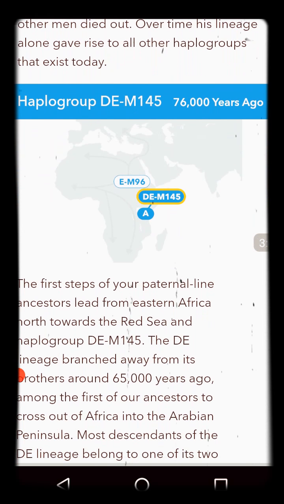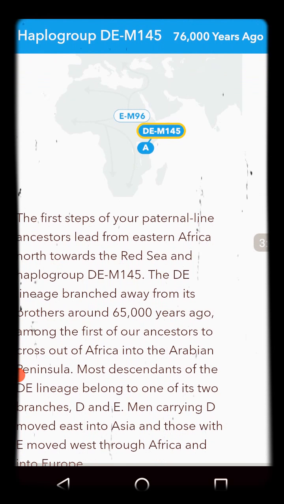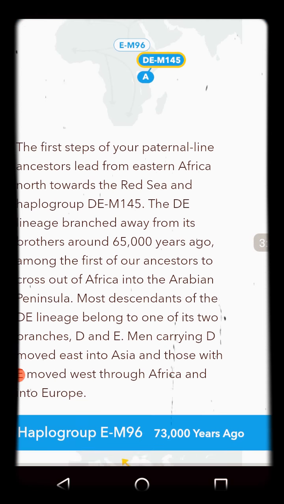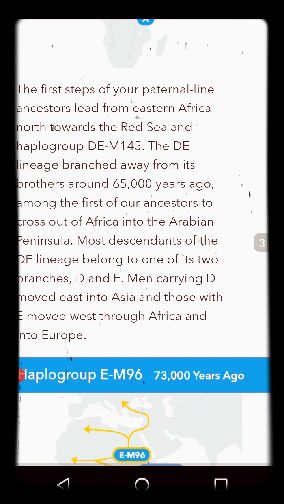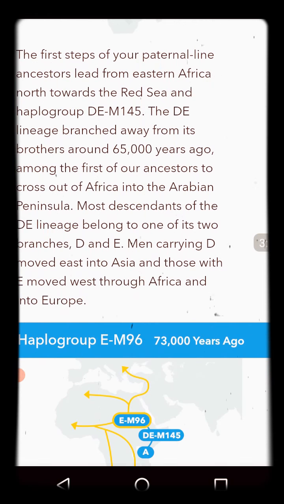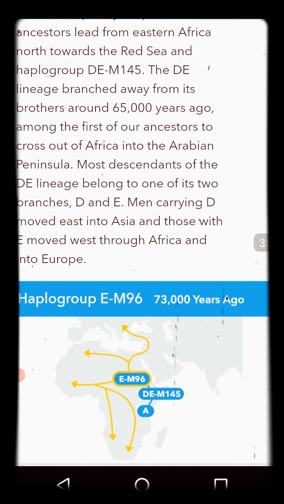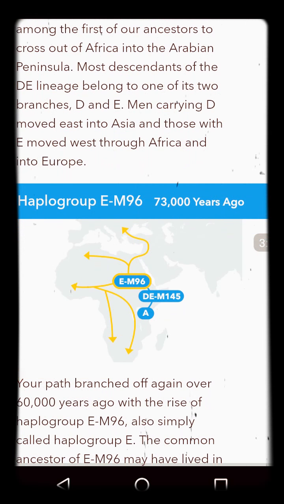Okay? Haplogroup DE-M145. First steps of your paternal line. Ancestors lead from Eastern Africa north towards the Red Sea. The DE lineage branched away from its brothers around 65,000 years ago, among the first of our ancestors to cross out of Africa into the Arabian Peninsula.